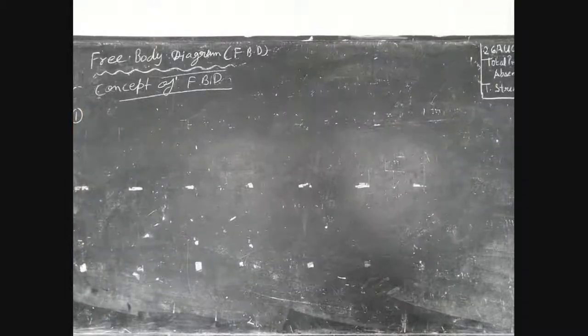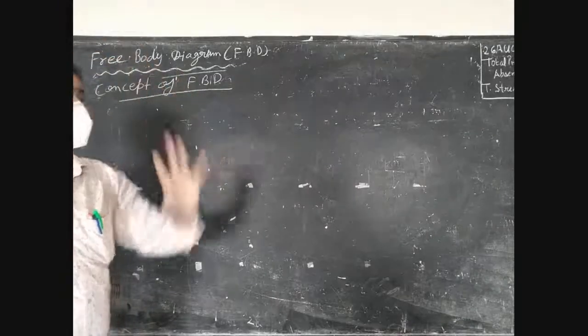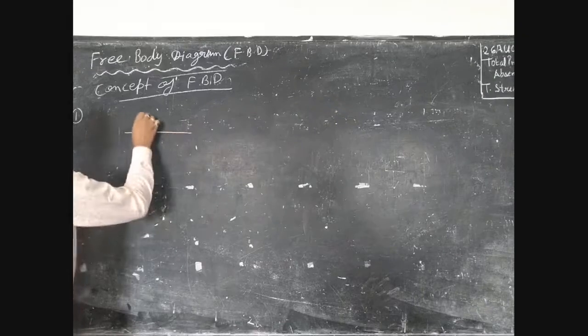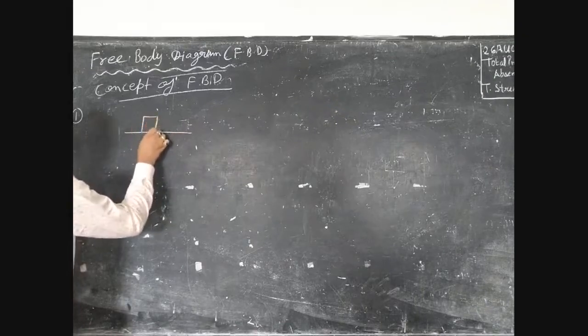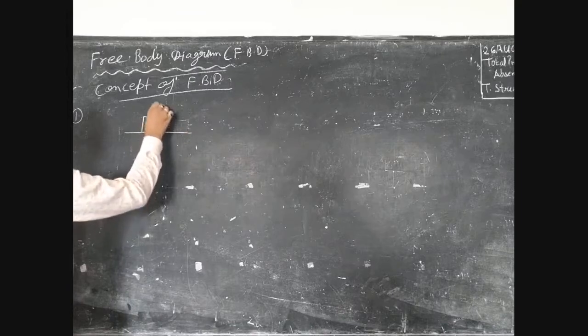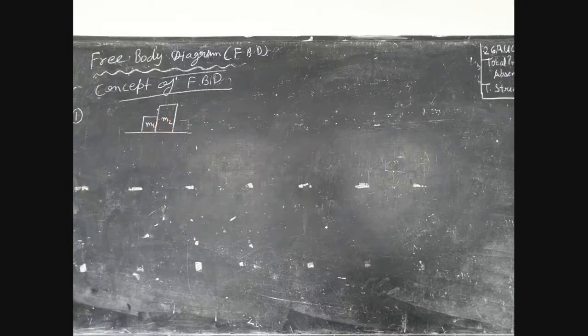Now, the free body diagram we just understood for the two blocks. Let's say the two blocks, one of mass m1 and one of mass m2, are supported one against another in contact.